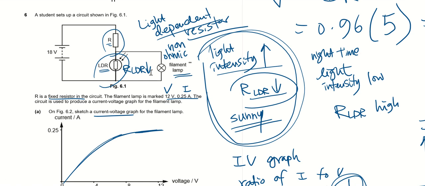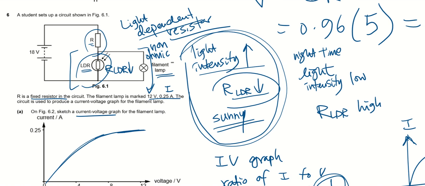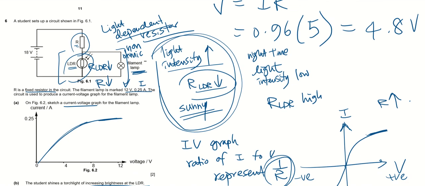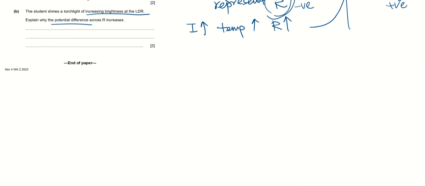When the resistance of the LDR decreases, the entire effective resistance of this parallel branch, which is this LDR plus the filament lamp, will actually decrease. It may sound very abstract, so now I'm going to try to use numbers to convince you.